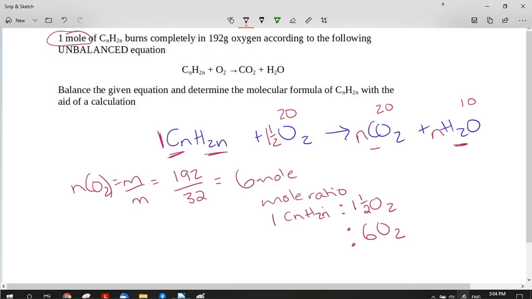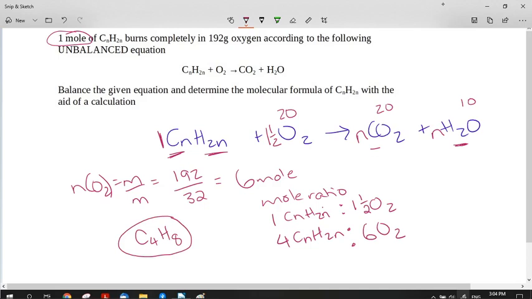I assume you can do the ratio calculation without me holding your hand. So this becomes 4 CnH2n, but it's not actually 4 moles. It would be 4 moles if they were moles, but this becomes the little n number that we don't know. So it becomes C4, and then the H is 2n, C4H8.